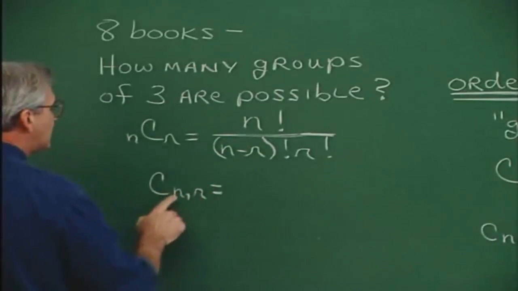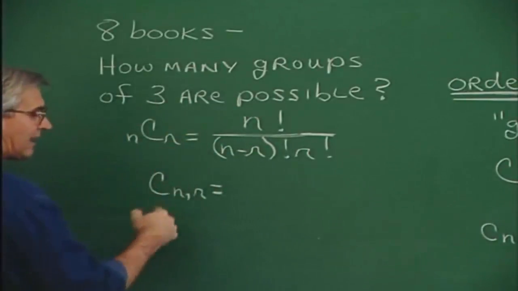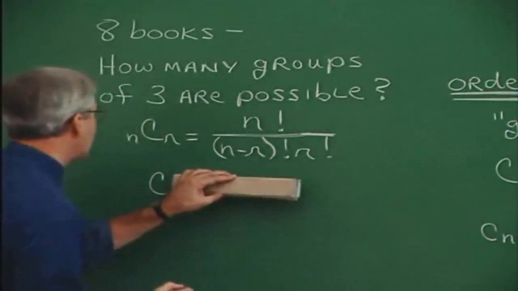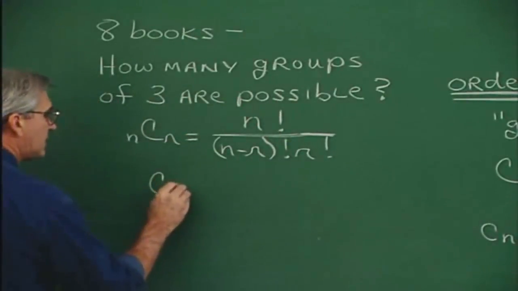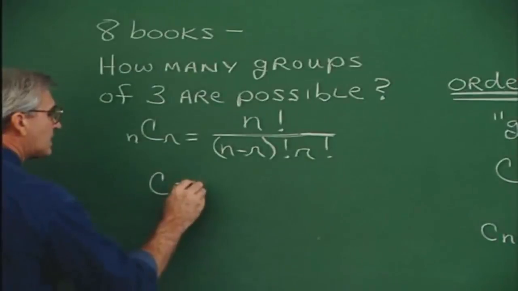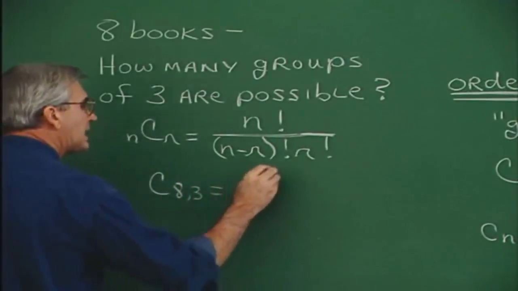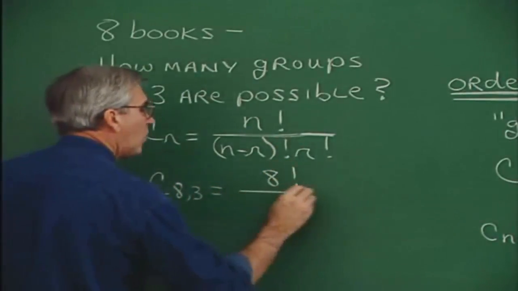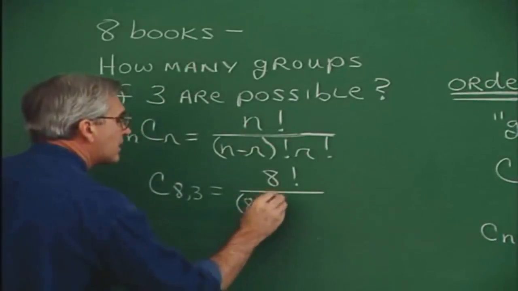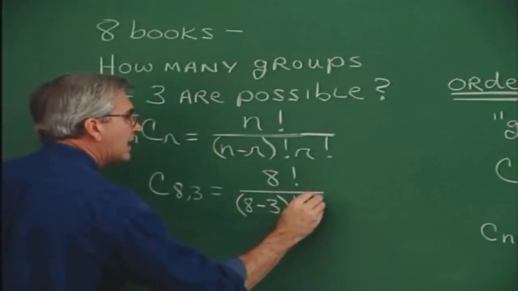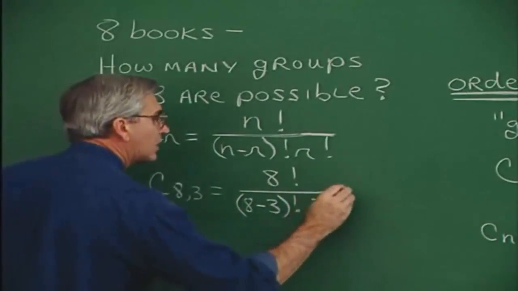N factorial, that's the number of items that we have. And I should actually write the numbers for the n and the r here. We're talking about 8 things taken 3 at a time. So we're talking about 8 factorial over 8 minus 3 factorial times 3 factorial.